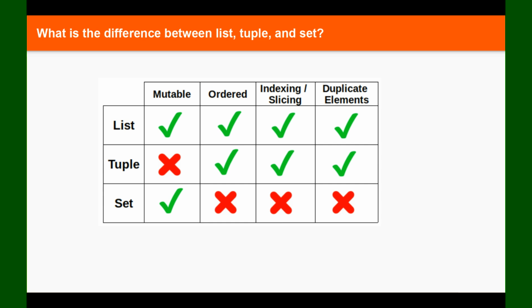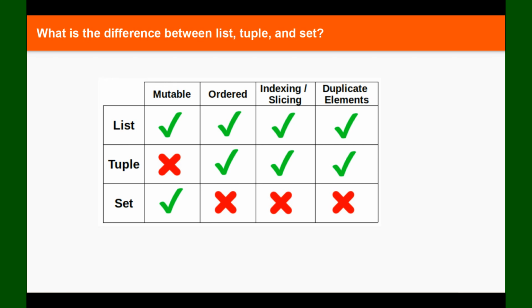A list is mutable and ordered, where we can index and slice, and we can have duplicate elements in it. But a tuple is immutable and we cannot make any changes to it, and there is an order for it, and it has indexes and slices, and it can also accept duplicate values.